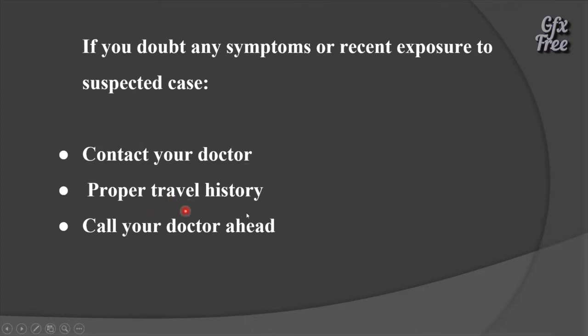Give your travel history in detail to the doctor if you have recently traveled internationally, especially to high-risk countries. Call your doctor ahead to tell him or her about your possible exposure before you go to your appointment, so that they can take necessary protective measures at the hospital itself.